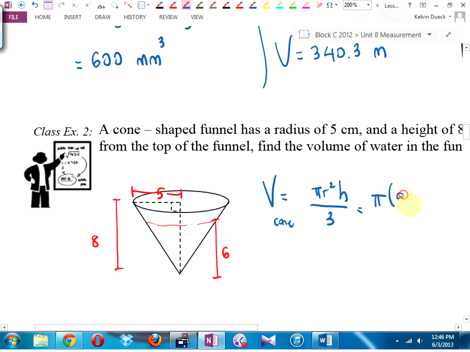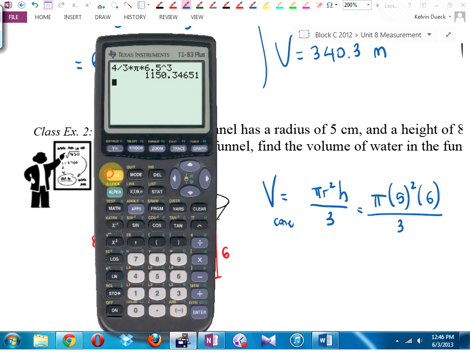Pi times 5 squared times 6 divided by 3. What'd you get? 157.1.